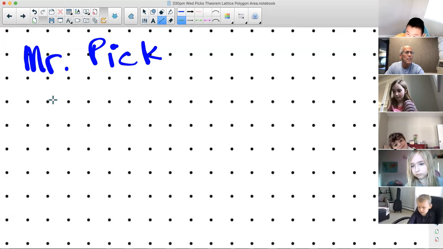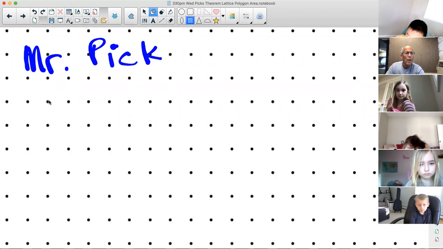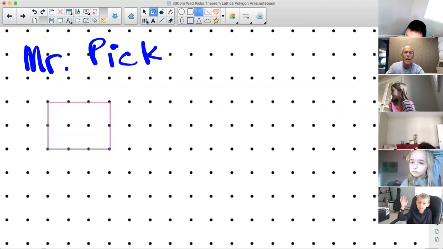But Mr. Pick came up with the coolest way of finding area. So for instance, Mr. Pick was playing with rectangles. And let me draw a rectangle for you, and I want you to tell me if you know the total area of this rectangle.